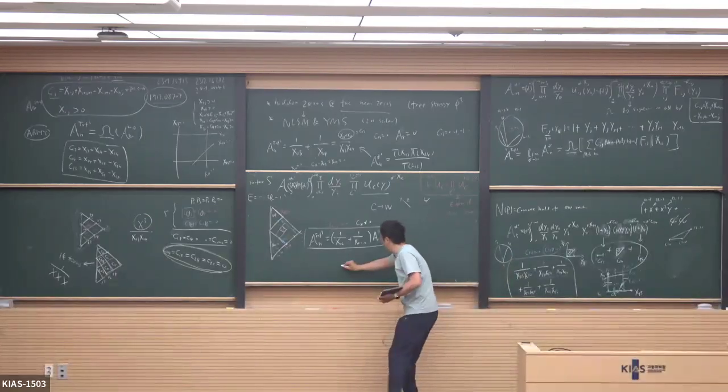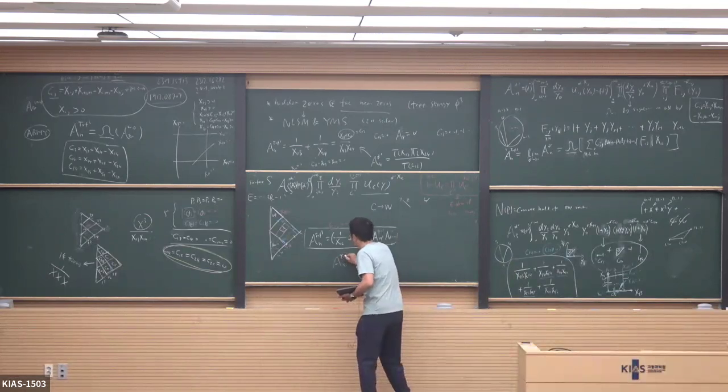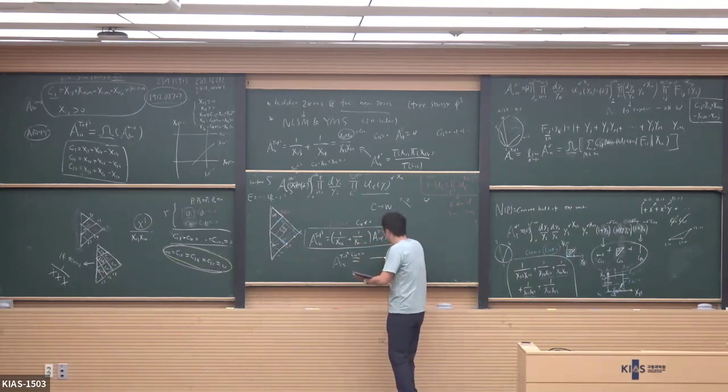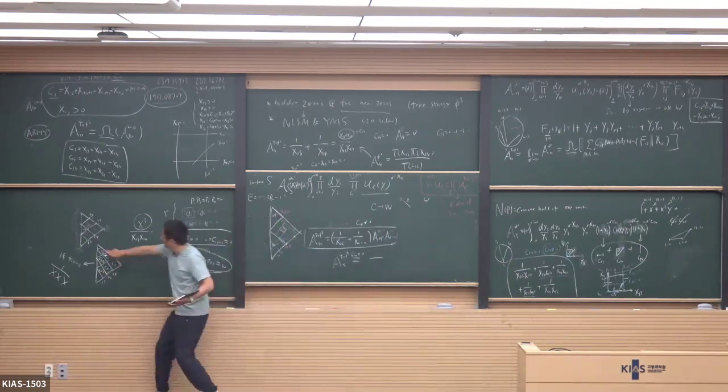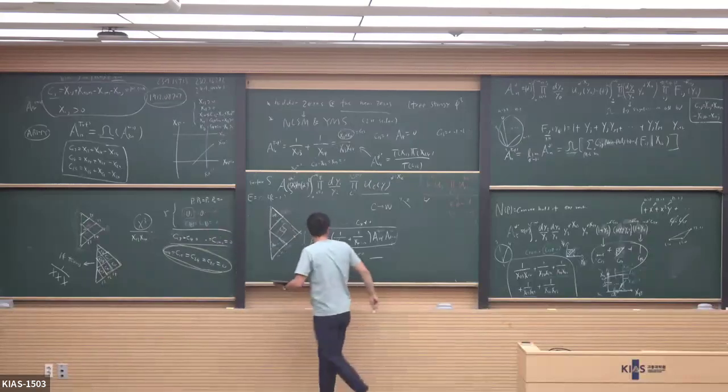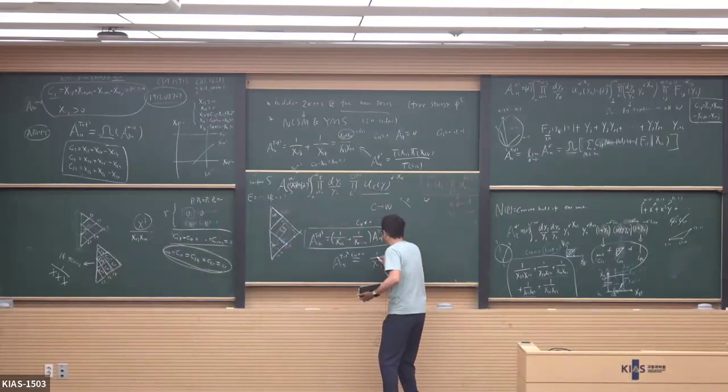So the 5-point amplitude A5 trace phi cube, when I set C14 to 0, becomes, so remember this is 1, 3 and 2, 5, right? So this is x13, x25.